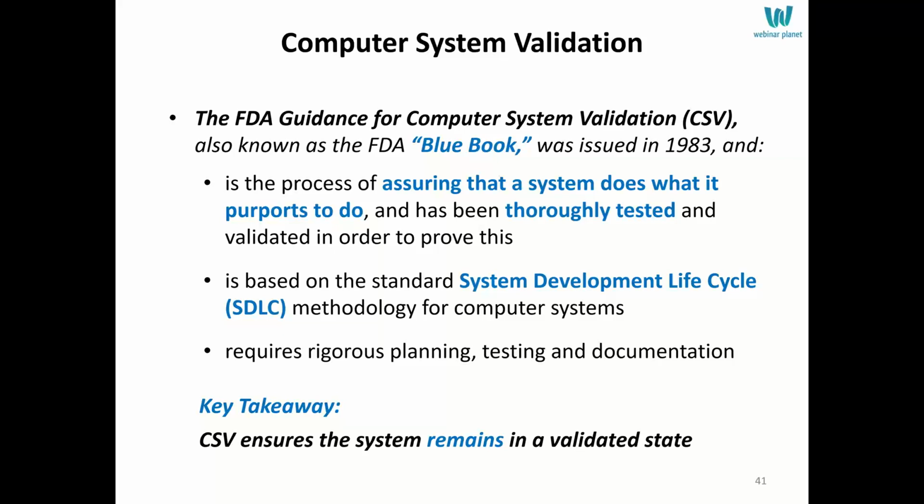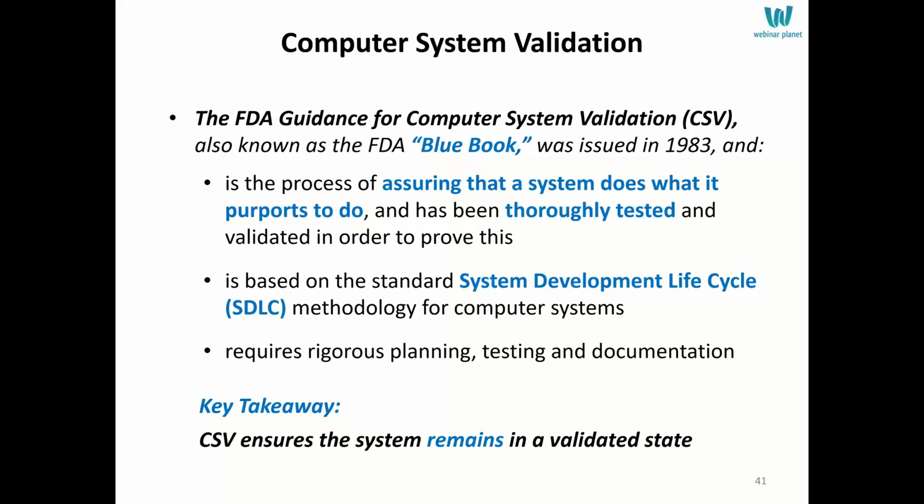It's based on a system development lifecycle methodology, an SDLC, and that's really the way systems are always looked at. You have a system, it has a life. It starts, you create the system, you retire the system. And throughout that process, you must put the system under formal change control.